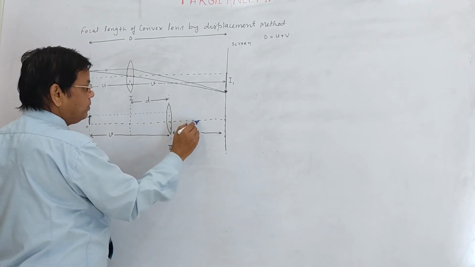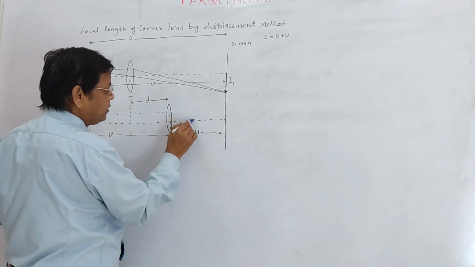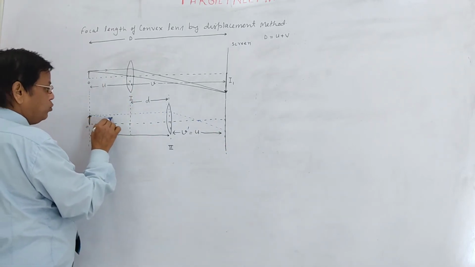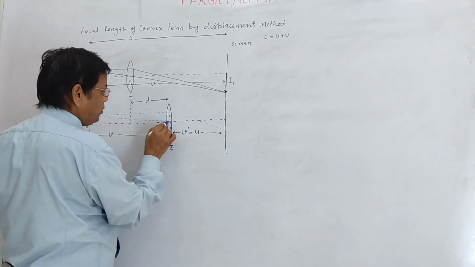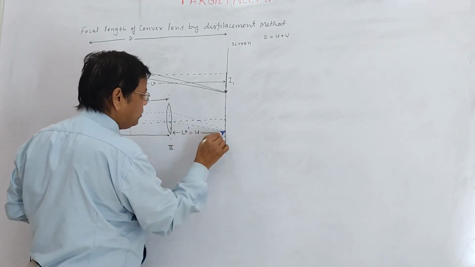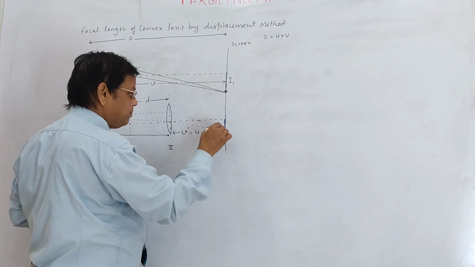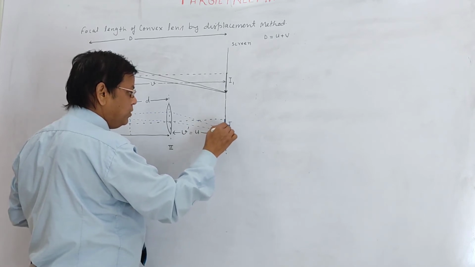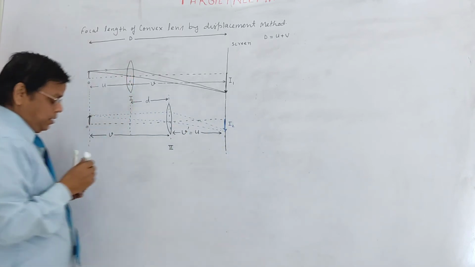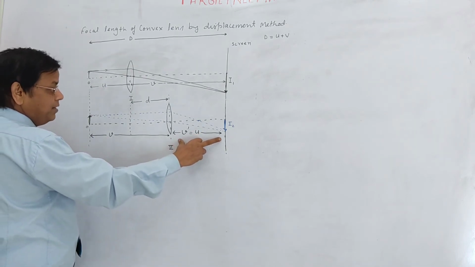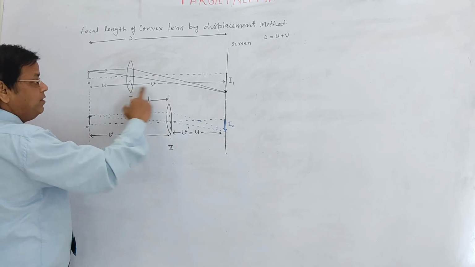Focus is somewhere here, so it will go like this, and the ray that is passing through the optical center goes undeviated. So this is the image on the screen, second case. This is I2. In this case, by looking you can see v in the second case is lesser than v in the first case.